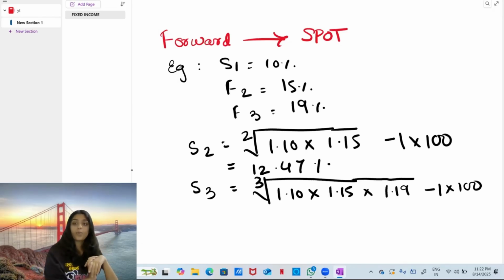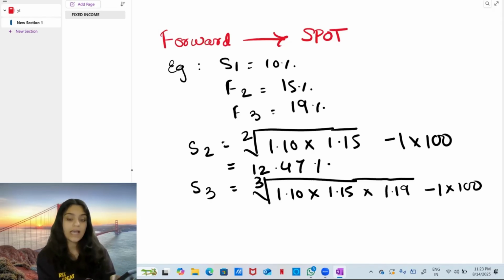To calculate the spot rate for the third year, we'll take the cube root of the multiplication of 1 plus the rate for all three years. So 1.10 into 1.15 into 1.19 will give you a certain number. How do you calculate this on your calculator? First calculate 1.10 into 1.15 into 1.19 is equal to. Now we have a square root function, but we don't have a function for cube root.